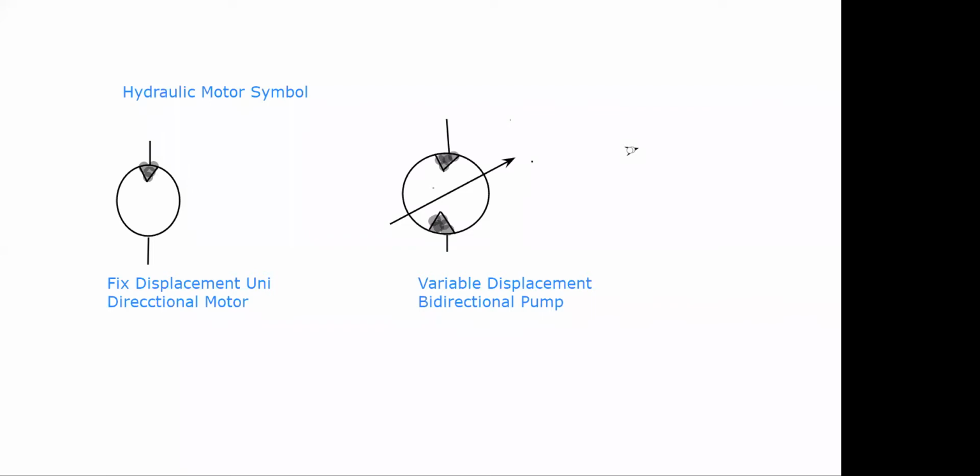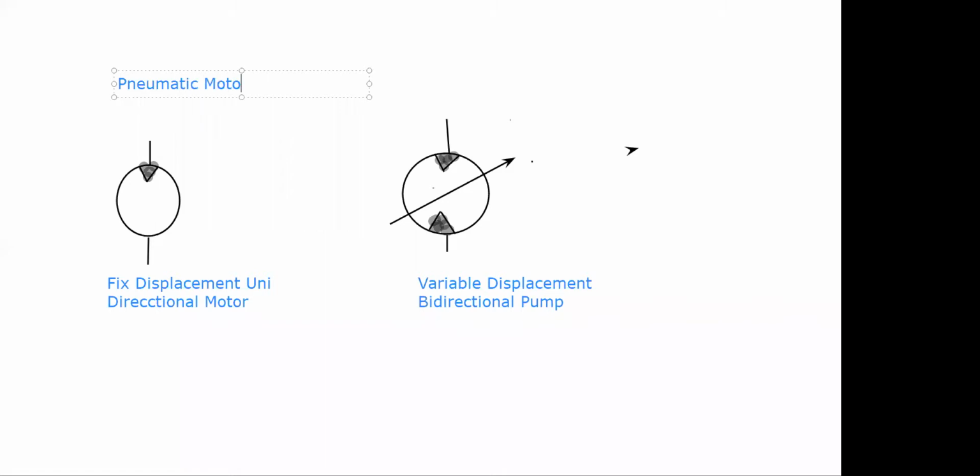Now we are going to see some other symbols, the pneumatic motor symbol. So this is the symbol for a hydraulic motor. Then what will be the symbol for a pneumatic motor?